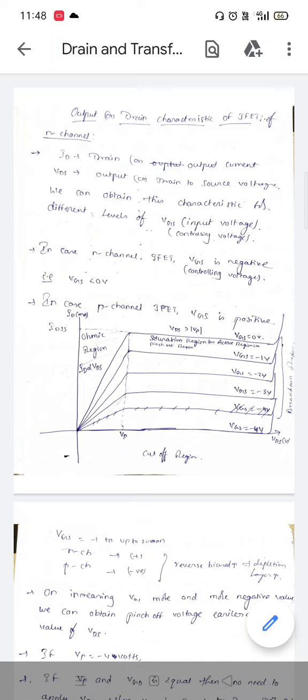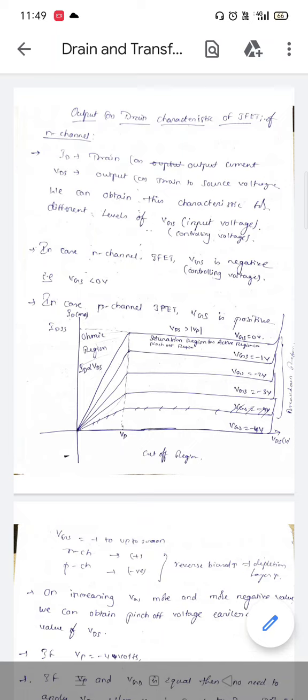When we increase this VDS, how will it affect the output current ID, keeping VGS equal to 0 volts, and then VGS equal to minus 1 volt, minus 2 volt, minus 3 volt, minus 4 volt?